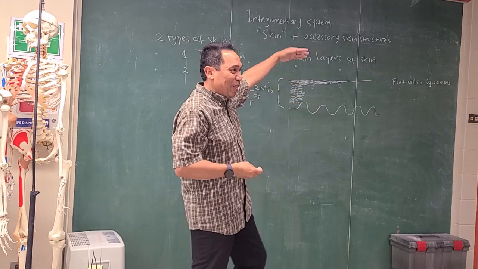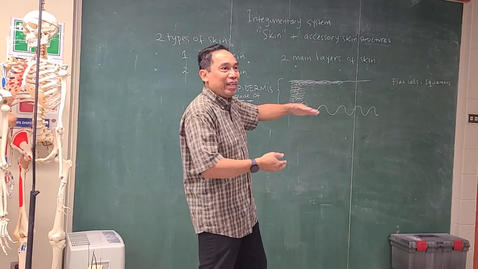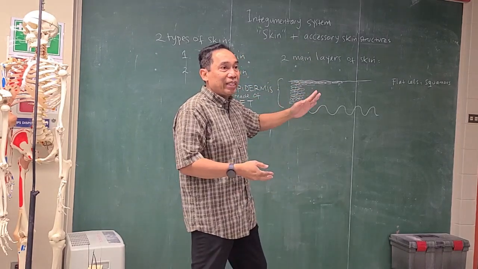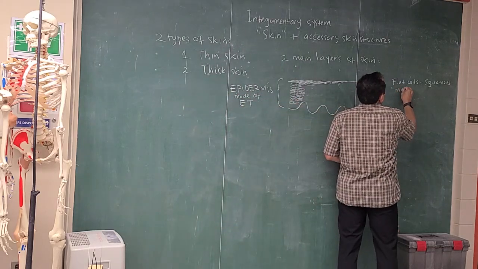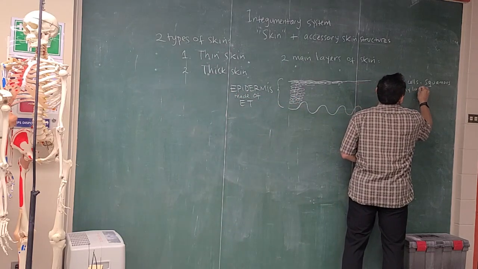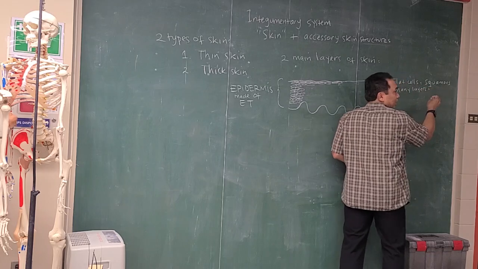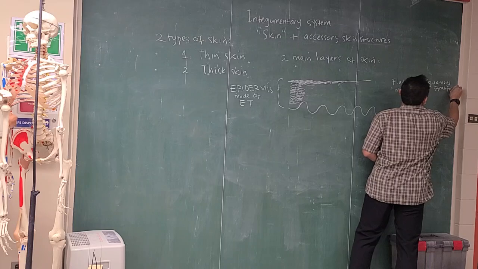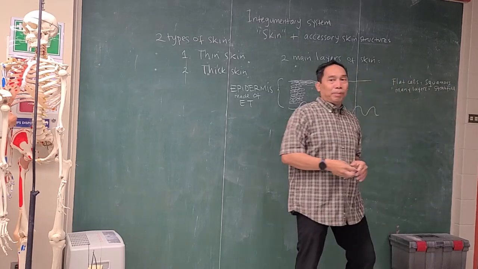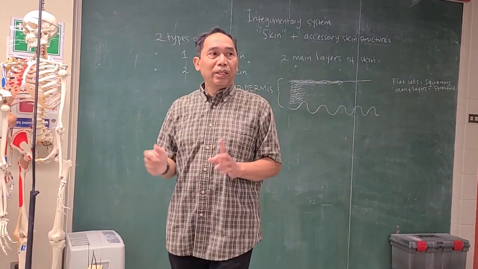But you know, they're all packed with many layers of flat cells, squamous cells. So many layers, in the terminology, is called stratified. Stratified. You get this one?